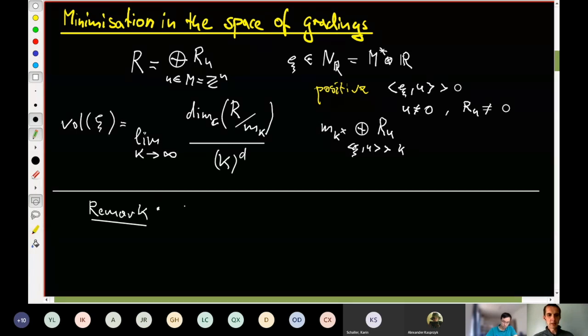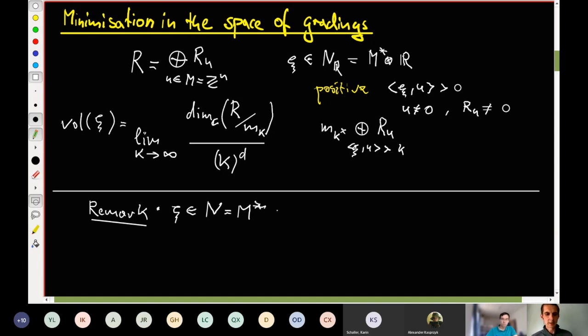So the remark here is that once I'm choosing my element xi, not just to be an element of the vector space N_R, but actually to live in the dual lattice of M, so it's a lattice element, then this gives rise indeed to a Z grading, a positive Z grading as we considered it before, namely I'm setting R_L to be just the direct sum of all the graded components such that the pairing of u, so the weight of the component, and our choice xi is equal to L.